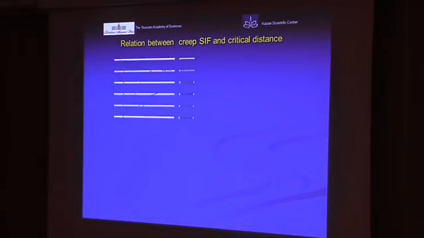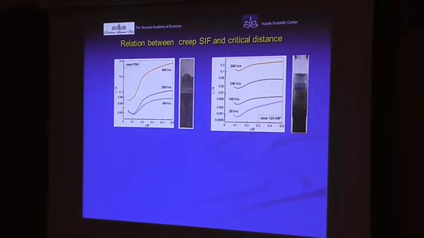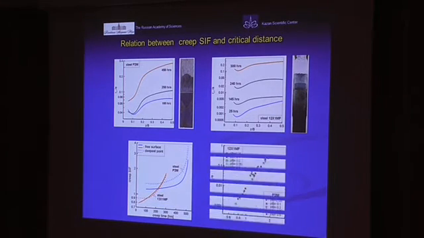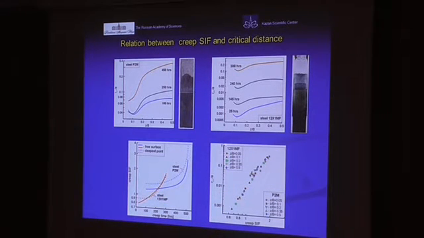Finally, I will show you the distribution of critical distance for experimentally tested specimens along the thickness direction, initial crack front position, and final crack front position as a function of creep time, for one type of steel and other types of steel. Finally, we have found a good relation between creep critical distance and creep stress intensity factor.